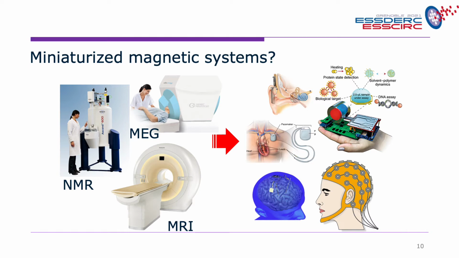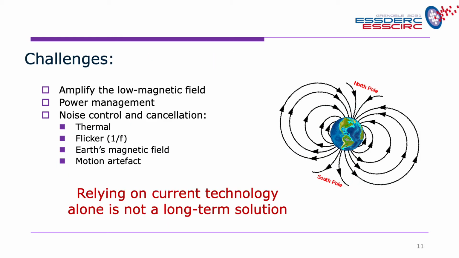This can give access to a large number of people around the world, not only hospital based, and of course can make very high spatial resolution human machine interfaces that we will speak about in the next slides.